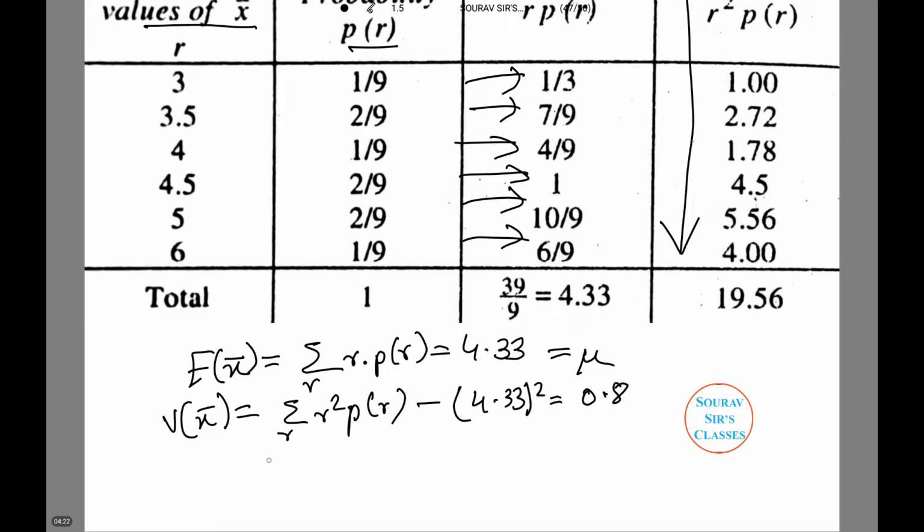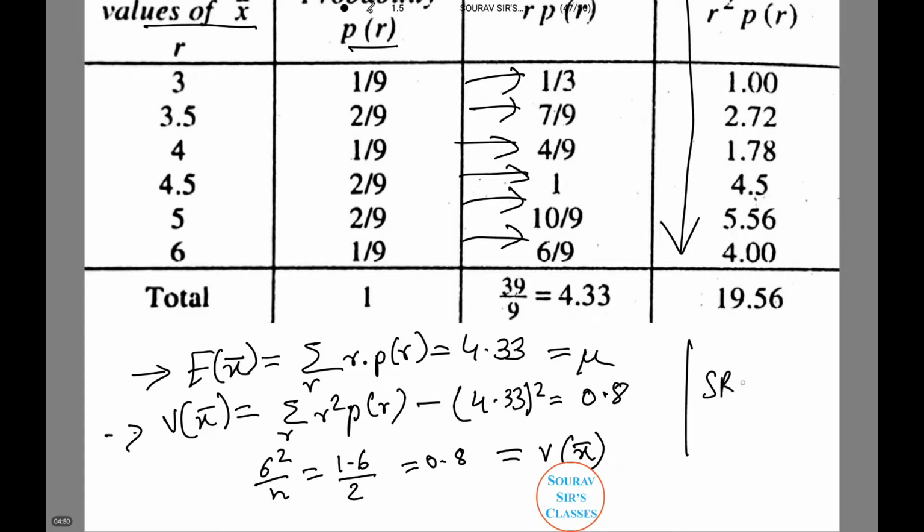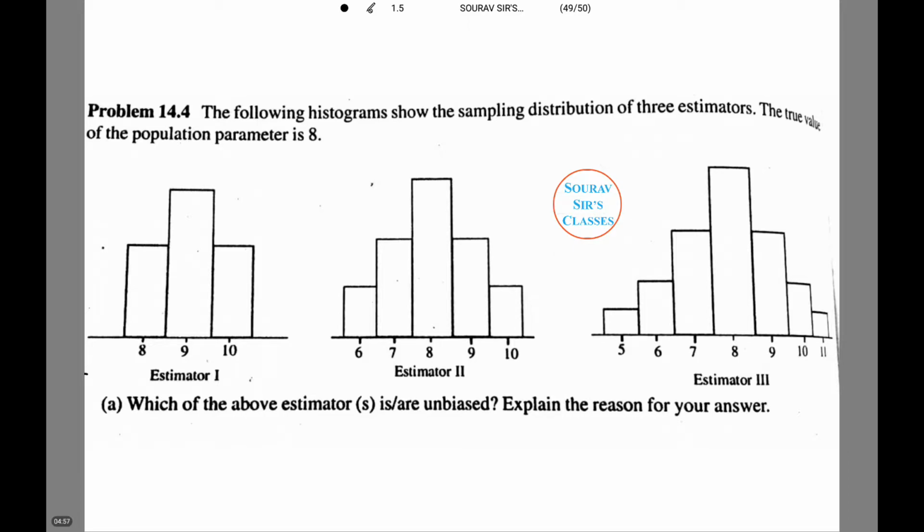Now sigma square by n equals 1.6 by 2, which also equals 0.8, which is the same as variance of x bar. Hence the result, expectation of x bar is equal to mu and variance of x bar is equal to sigma square by n at SRSWR is verified.